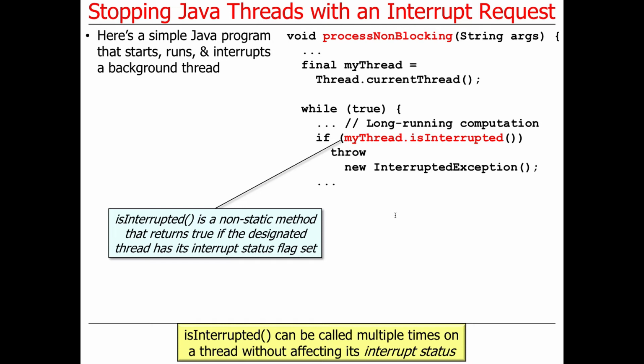And what this is going to do is it's going to return true if an interrupt has happened, but it's not going to clear the interrupted flag. So you can actually call this multiple times without affecting the interrupt status of that flag. That's not as common an approach. It's much more common to use the thread.interrupted method and then just keep track of whatever you need to do if you need to reset the interrupted flag later.